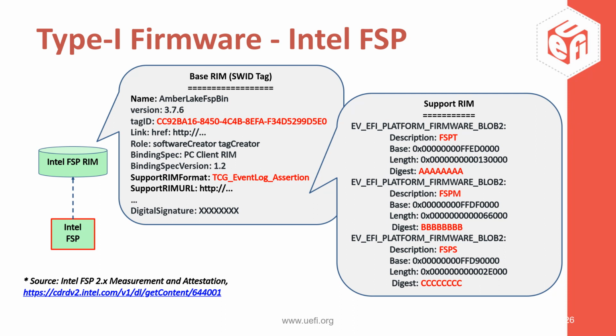FSP bin. And then given that the FSP itself, with the 2.x, 2.3, is decomposed into several binary objects. There's one called FSPT for temp RAM init, FSPM for memory init, and an FSPS for silicon initialization.